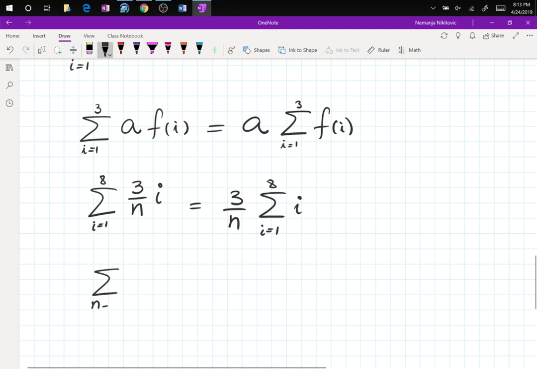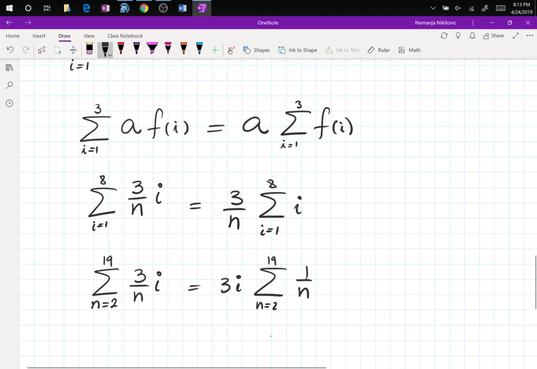Summation n goes from, let's say, 2 to 19 of 3 over n times i. You get to kick 3i out and leave 1 over n inside because now the variable is n.